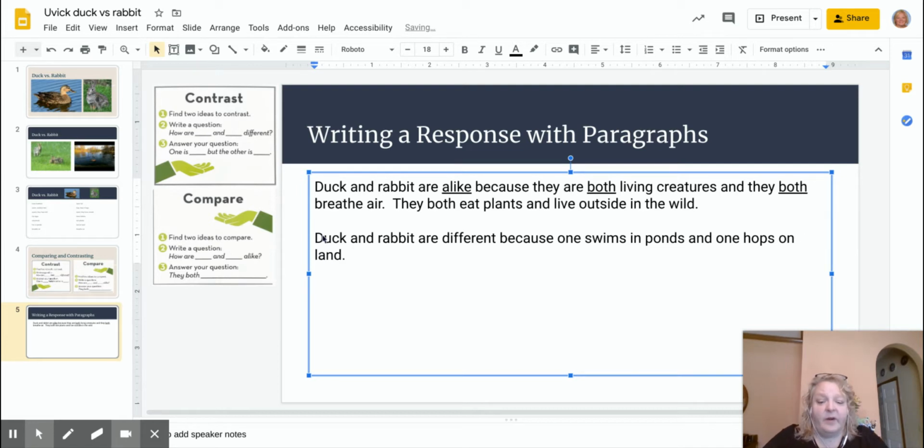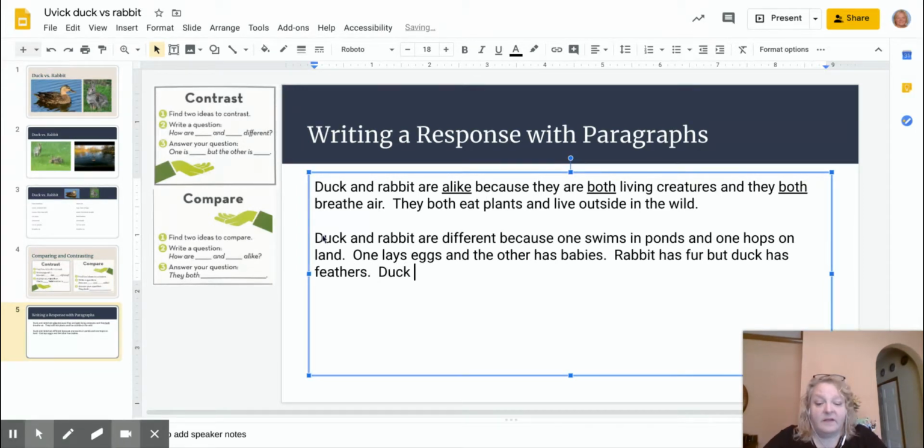One lays eggs and the other has babies. Rabbit has fur, but duck has feathers. Ducks quack, but rabbits don't make a lot of noise.